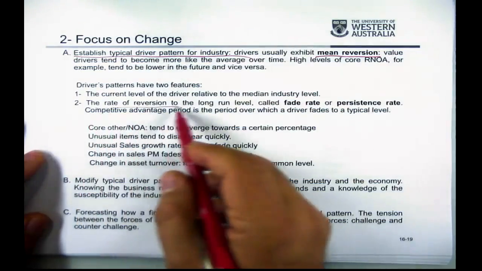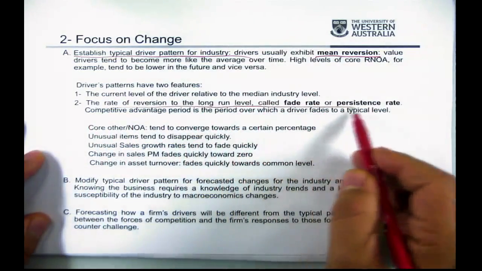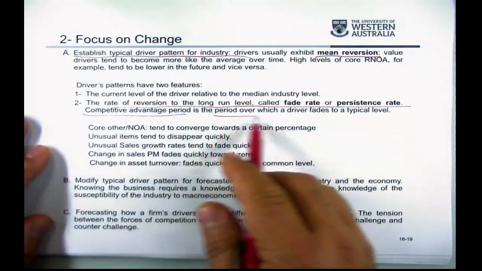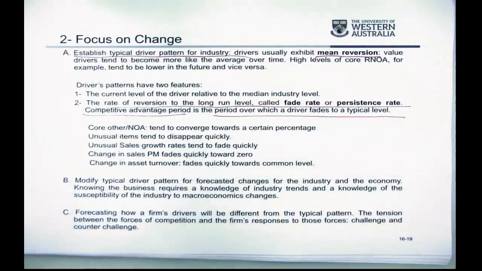The rate of reversion to the long-run level is called the fade rate or persistence rate. Competitive advantage period is the period over which a driver fades to a typical level. We have mentioned these points before. If you still remember, I told you any unusual growth rate cannot last forever.